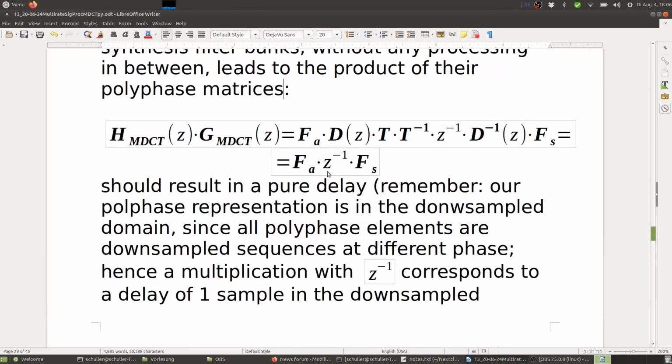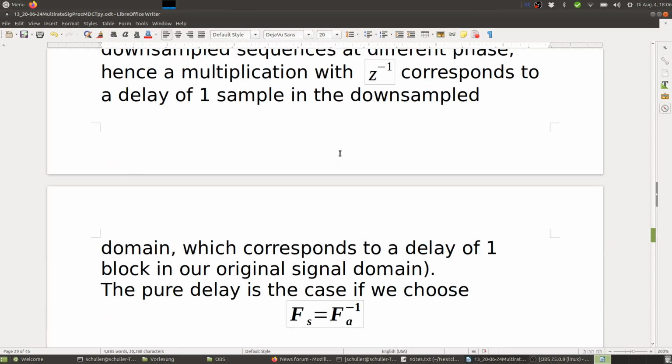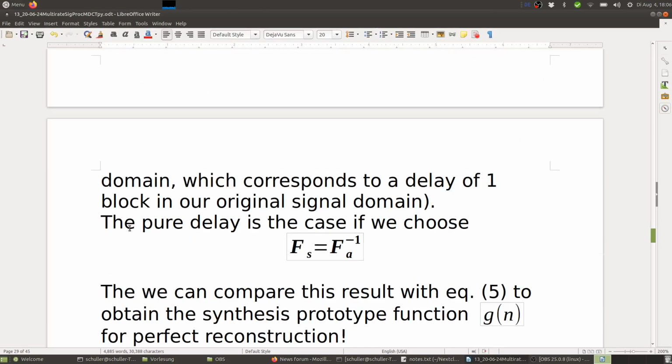So this z to the minus 1 means a delay of 1 sample in the downsampled domain, which is 1 block. Right? We have a delay of 1 block. The pure delay is the case if we choose Fs equals Fa to the minus 1, right? Because then all that's left is z to the minus 1.